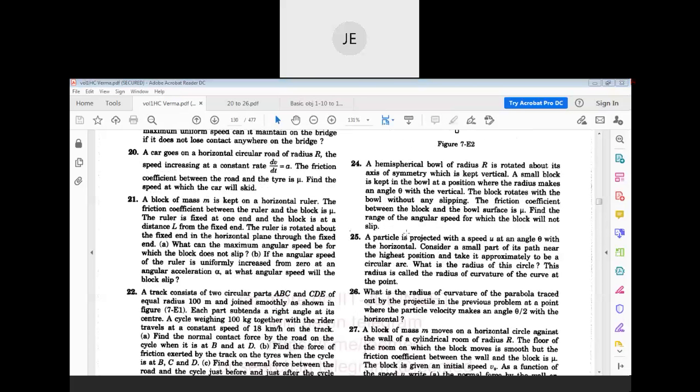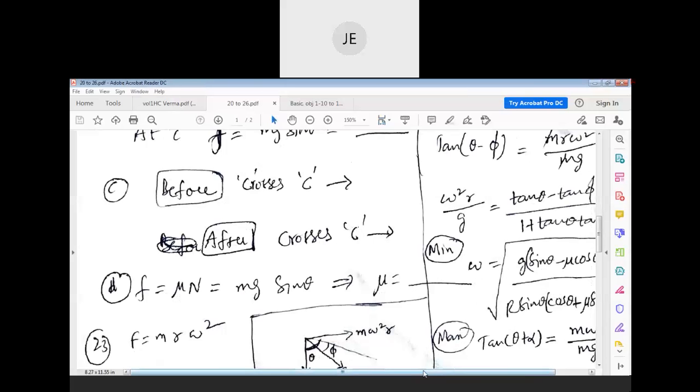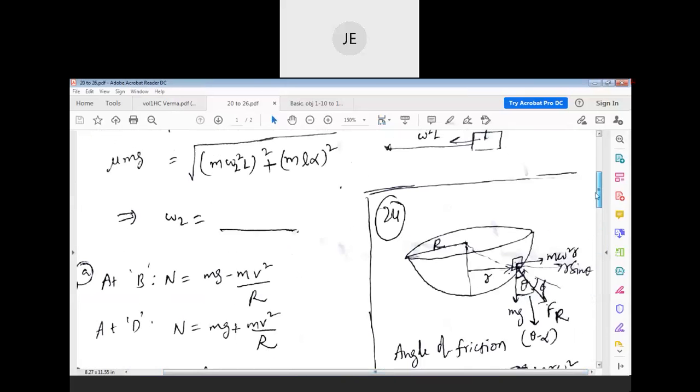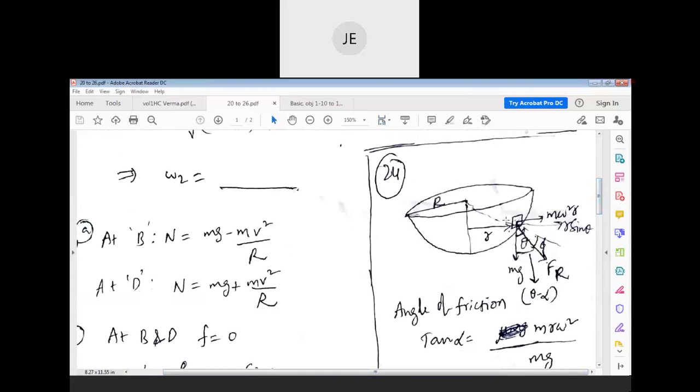Question 24: a hemispherical ball of radius r is rotated about its axis of symmetry, which is kept vertical. A small block is kept. You have to imagine a hemispherical ball, and there is a block, and it is rotating.